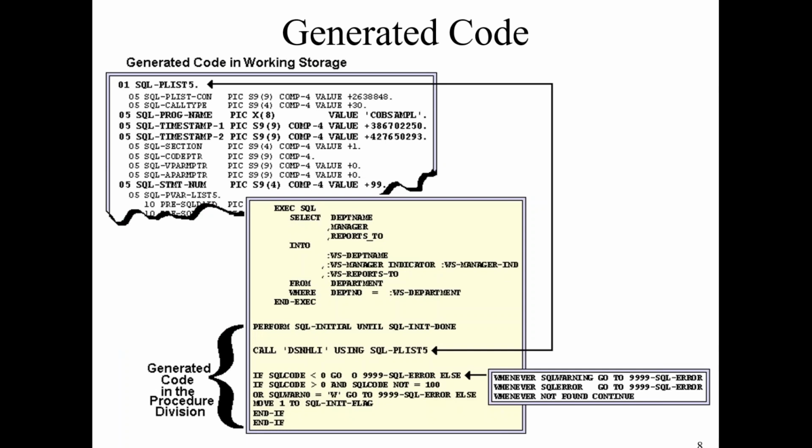Okay. You can see a little bit about what the modified source does. So in my source code, in the middle here, you see I have EXEC SQL and I'm doing a select into. And what comes out of the modified source is, you'll actually see this code, the EXEC SQL.